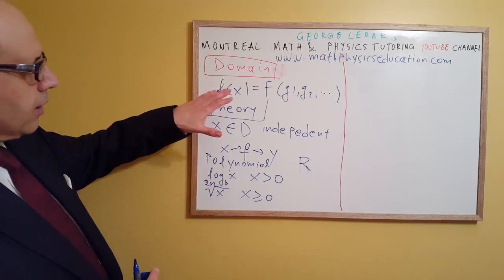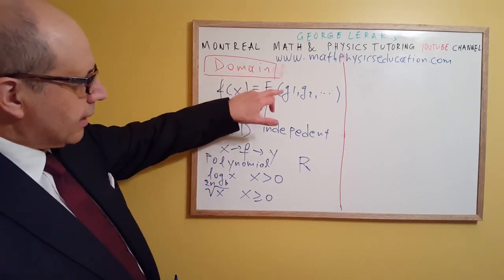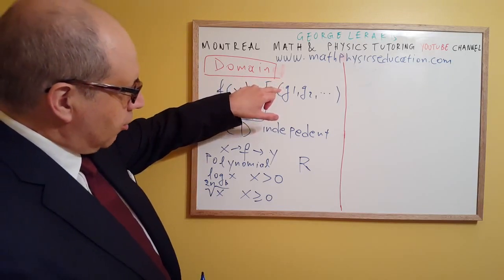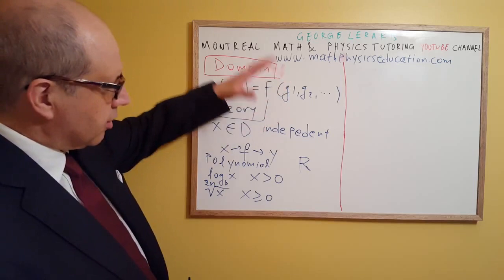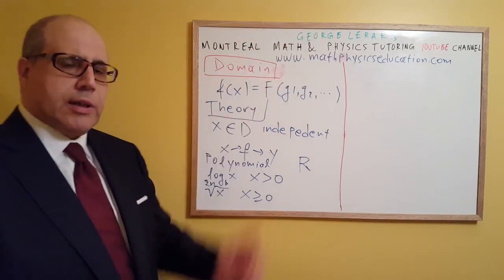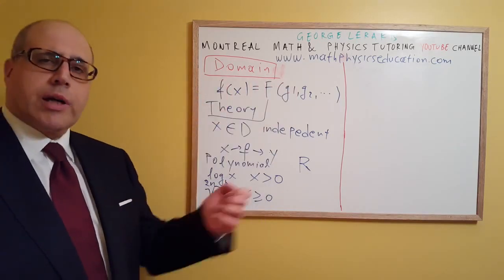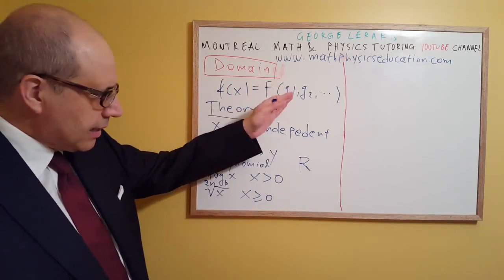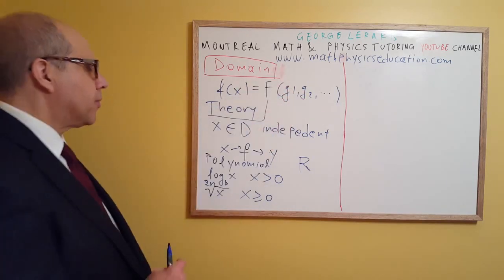In order to find the domain of this function, I have to make sure that each one of these parts, g1, g2, and whatever gn might be in the function f, satisfy their domains.